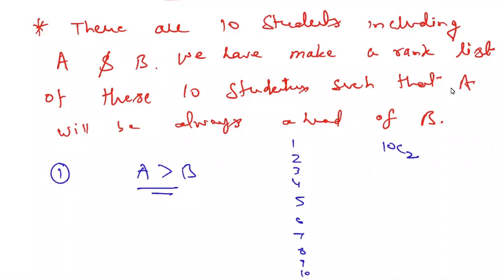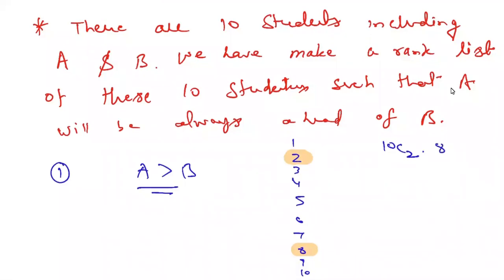Let's suppose we select 2 and 8; 2 is for A and 8 is for B. We can arrange A and B in only one way, and all the other 8 students can arrange themselves in factorial 8 ways.